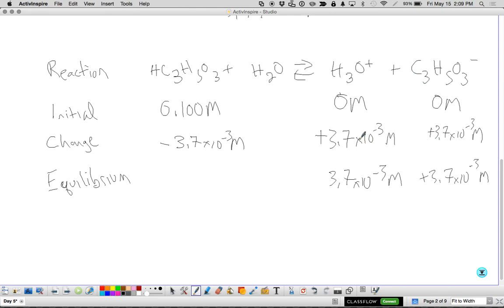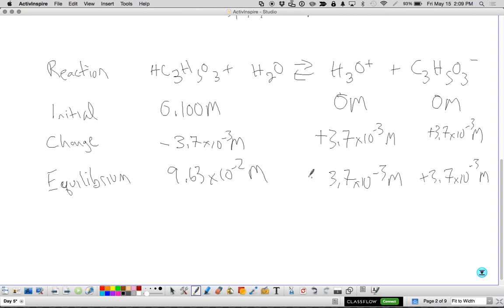Well, keep in mind, everything is in a 1-to-1 mole ratio. And the volume doesn't change. So if the mole ratios are the same, the concentration also has to be the same. Okay? You just got to keep that straight in your head. All right? Well, this is 0.100 molar minus 3.7 times 10 to the minus 3 molar. That's 9.63 times 10 to the minus 2 molar.